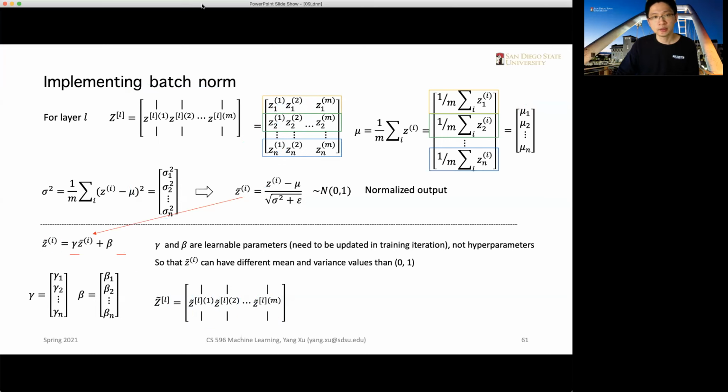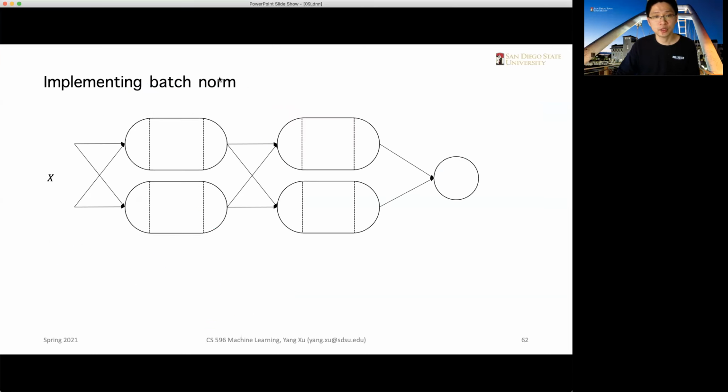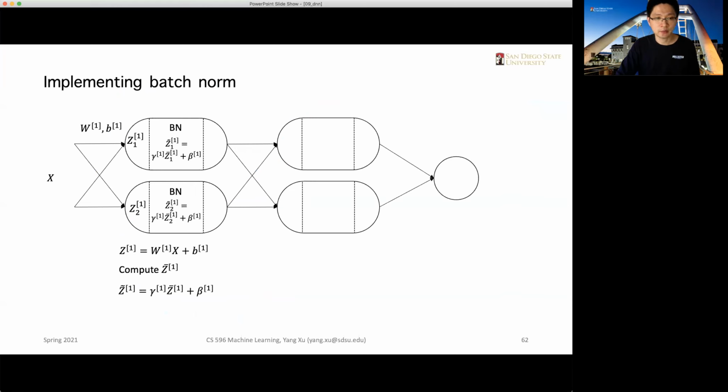If we put everything into a computation graph for neural networks, it'll be like this. Given x as input, we first apply w and b to compute the z's. These are the usual operations. Then after z is computed, we compute the z bars by computing the per-row mean values, and z bar is used to compute z tilde within these batch norm blocks.